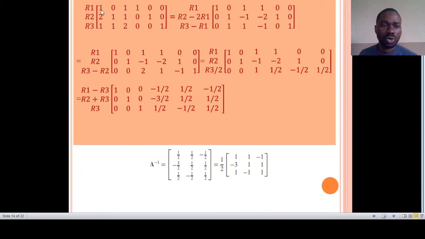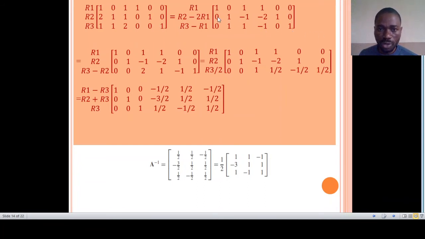So 1 minus 1 is 0. 1 minus 0, 1. 2 minus 1, 1. 0 minus 1, minus 1. 0 minus 0, 0. 1 minus 0, 1.